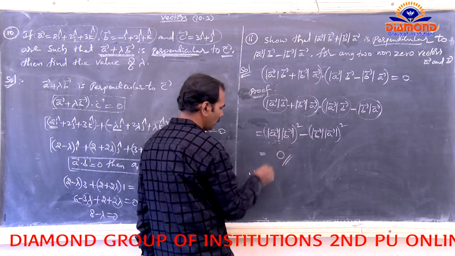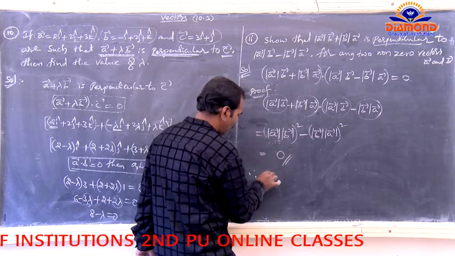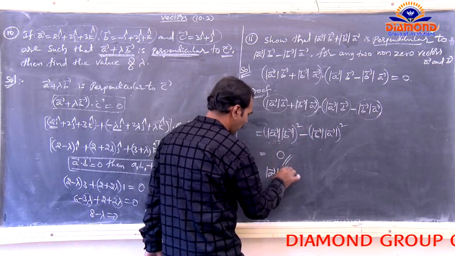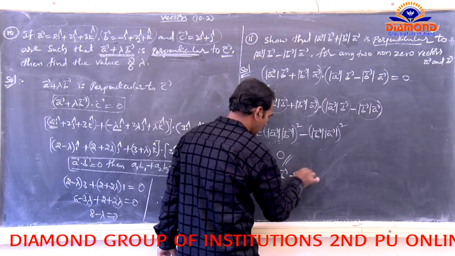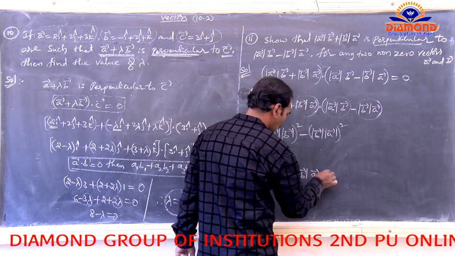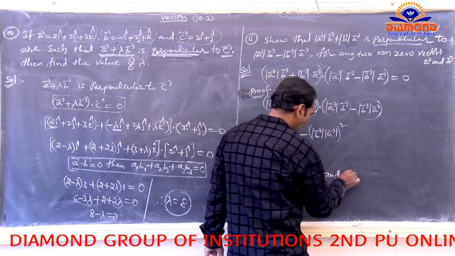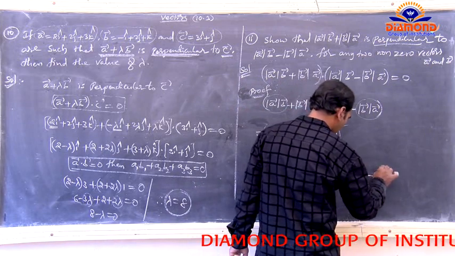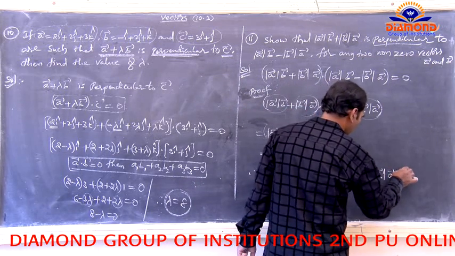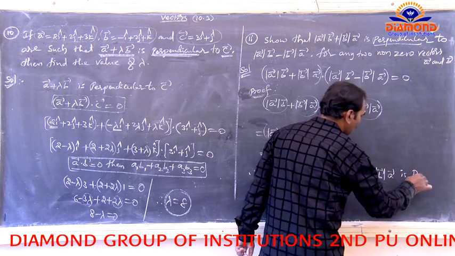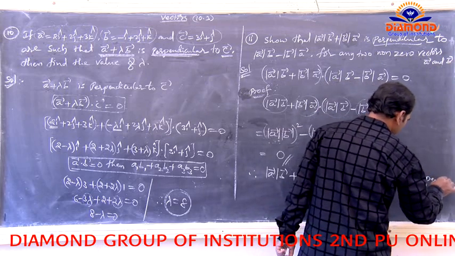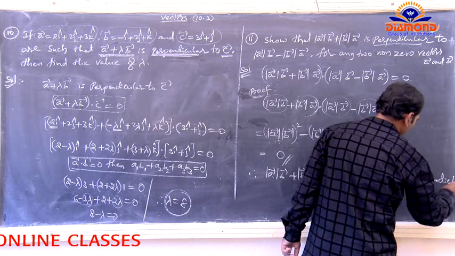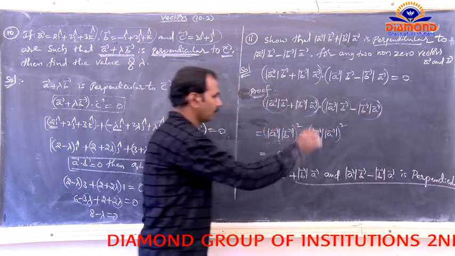So therefore modulus of A B bar plus modulus of B A bar and modulus of A B bar minus modulus of B A bar are perpendicular. Right.